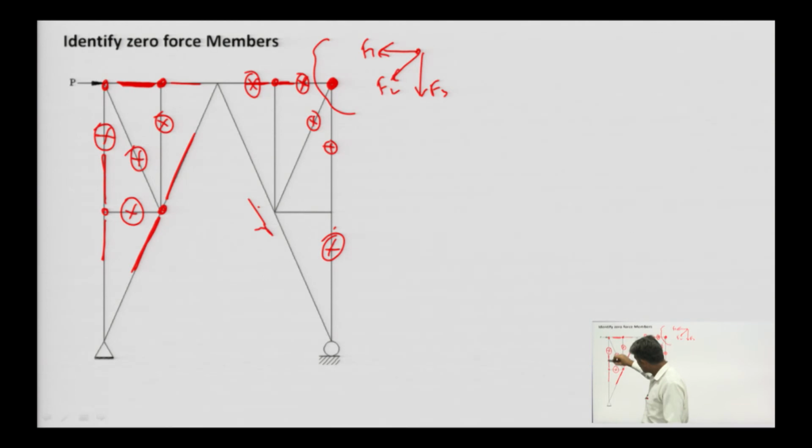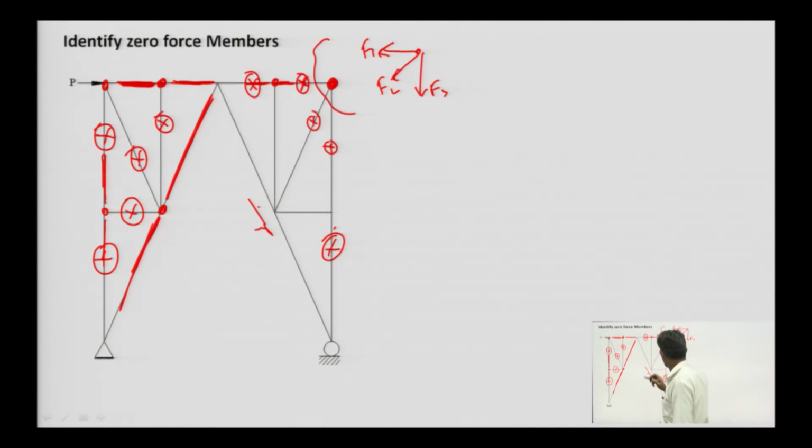So, if this is a 0 force member, then this will also be a 0 force member. So, in the left hand part only remaining members are this one and this one. Only this member will carry the force.